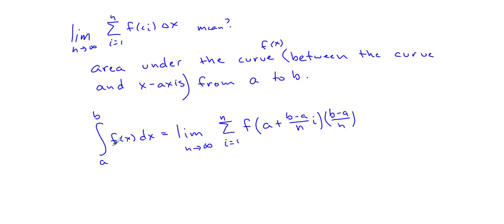Okay, this thing is called a definite integral. Why is this called a definite integral? Because we have bounds. We have a lower bound of a, upper bound of b. We have a defined boundary at which we are finding the area under the curve.